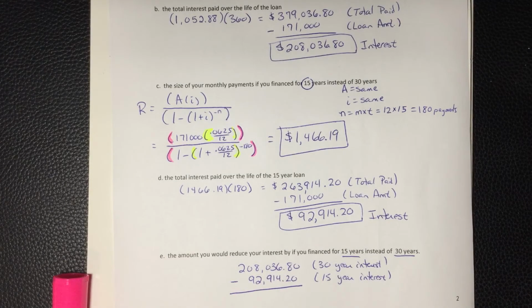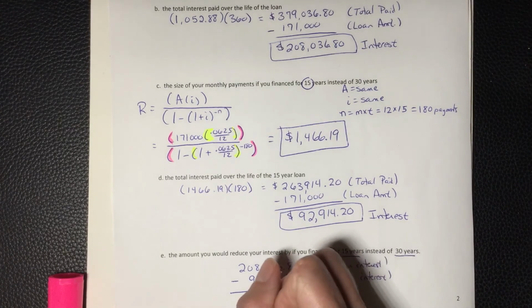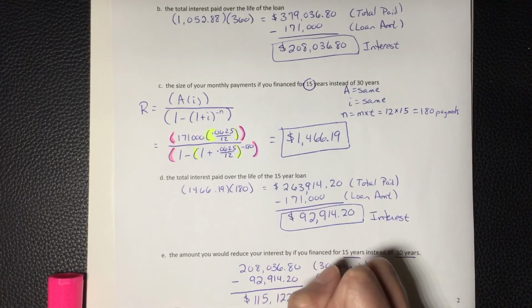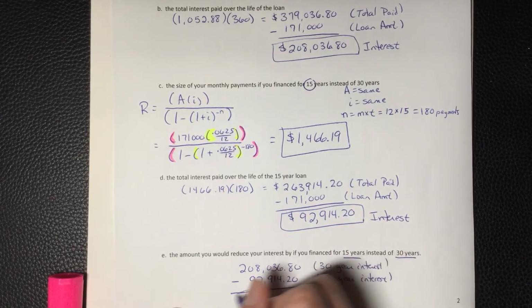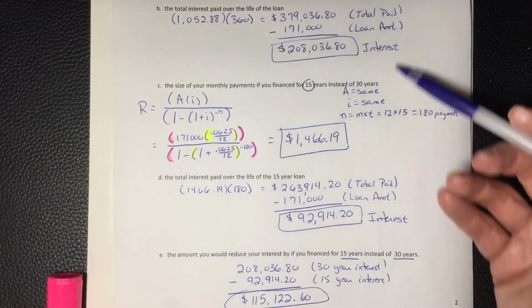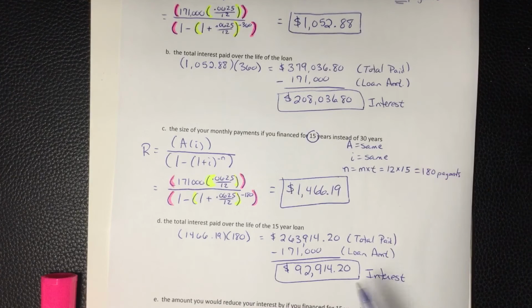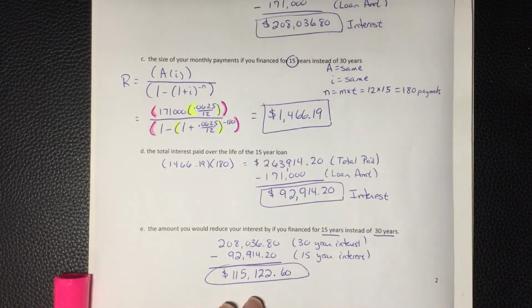Okay, so I'm going to enter that first one. And I'm seeing that it's saving me over $100,000, so $115,122.60.